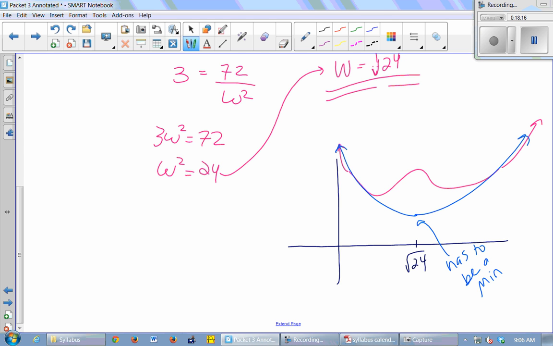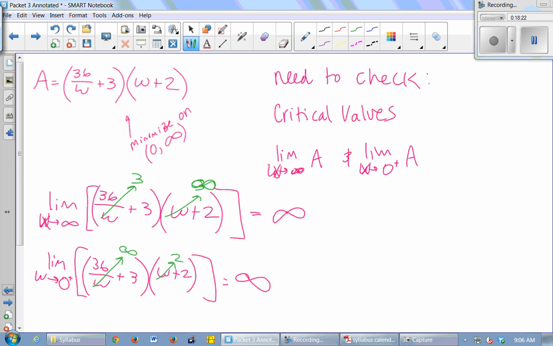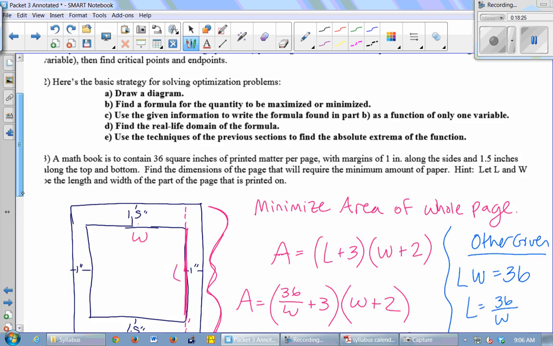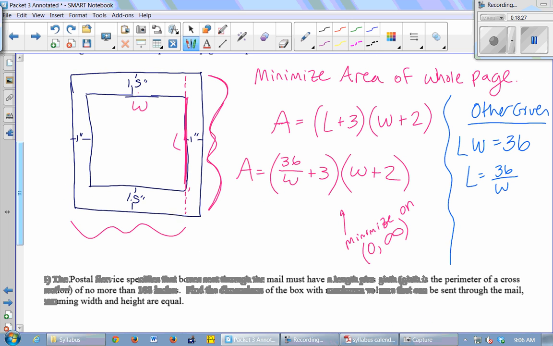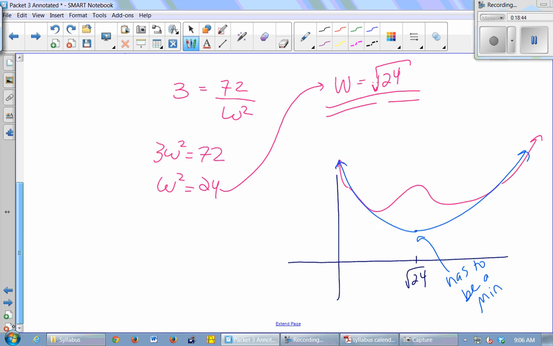All right, so I have the width. I was supposed to find the full dimensions, right? And I'm supposed to find the full dimensions of the outer page. So I just solved for W, which is the width of the printed part. So the outer part would be W plus 2. And I need L, which is 36 over W, and the outer L, which is that plus 3. All right, so W is radical 24.